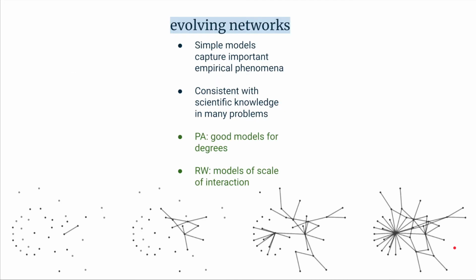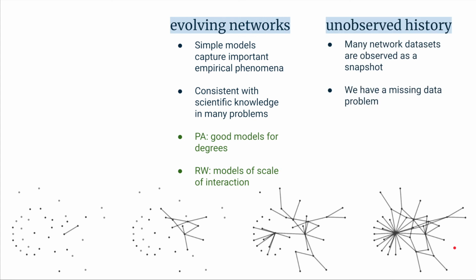Okay, so just to wrap up, I told you a bit about models for evolving networks and preferential attachment in particular, with a bit about the random walk models. When we don't observe the history of the network, we have a missing data problem, and the missingness can't be ignored.